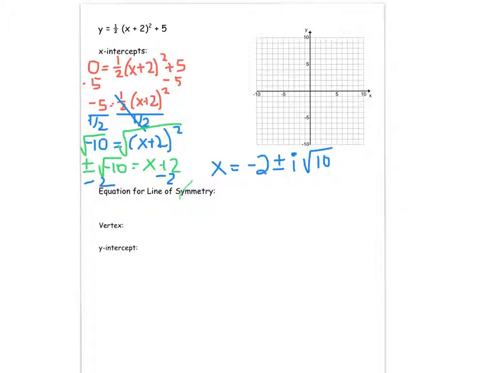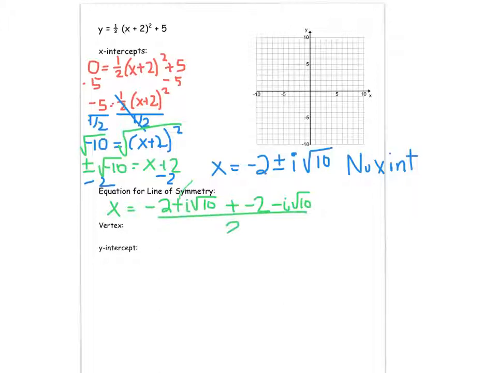Which for the graph means there are no x-intercepts. But we can still add up what we have and divide it by 2 to find the equation of the line of symmetry. So x equals negative 2 plus i square root of 10 plus negative 2 minus i square root of 10, all divided by 2.